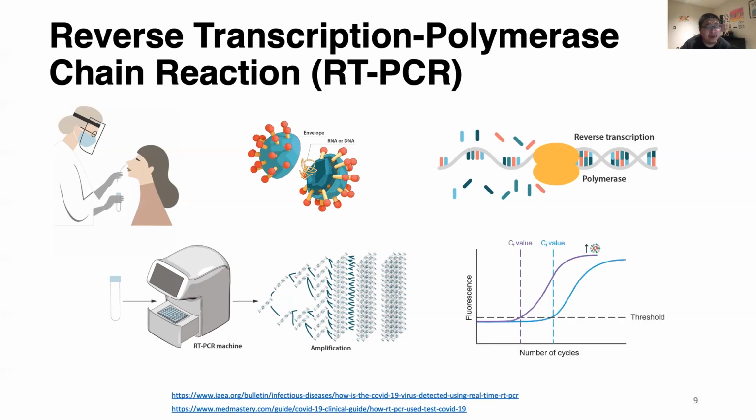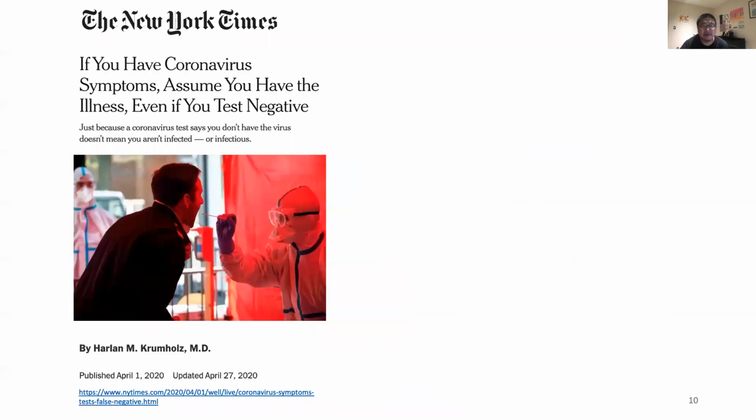But one problem of this process, as this New York Times article states, is that there could be a high false negative rate. It is estimated there could be more than 30% false negatives, which means that these patients, although the test is negative, could still be infected by the virus and become infectious later on.